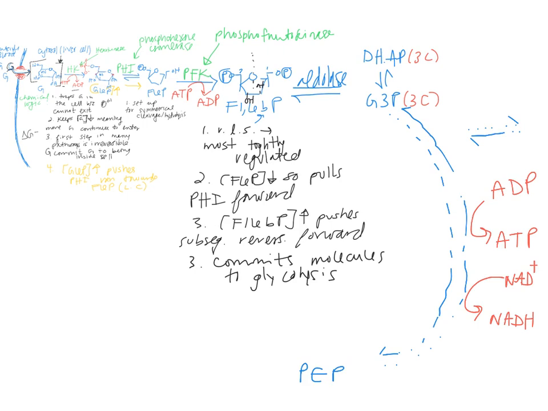Okay, so again, you need to know the 3 irreversibles, and obviously there's one reversible in between the first 2, so you're going to need to know that one. But between all these other steps that you don't need to know, what you should remember is that there's an ATP coming out and an NADH. And that leads us right into the last step, which is PEP. It's phosphoenolpyruvate. And that one is another molecule that you need to know the structure of.